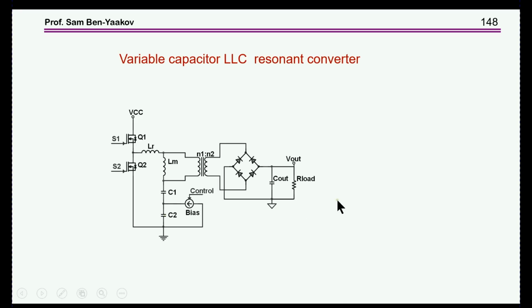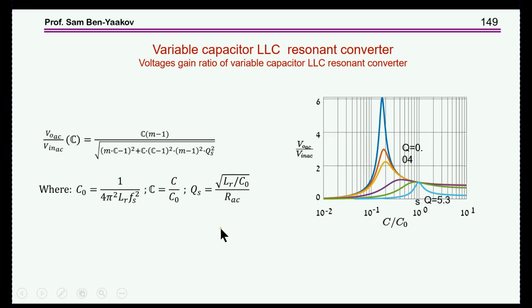So this will result in something very similar, except that now we work with a change in capacitance. Frequency is fixed. And this ends up to be the transfer function as a function of this C, which is the ratio between the actual capacitance and the reference capacitance. Again, we have Q, and this is the reference capacitance.